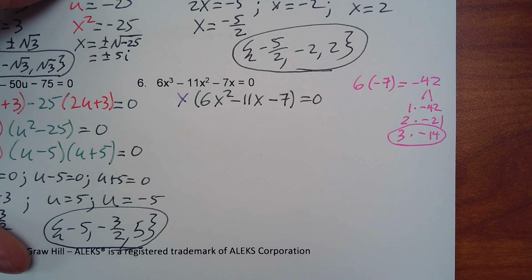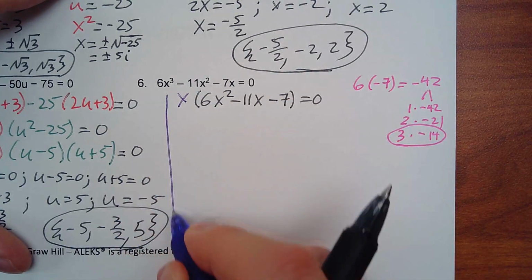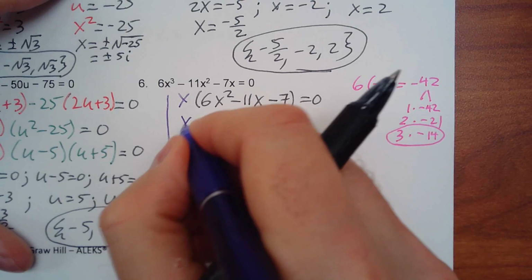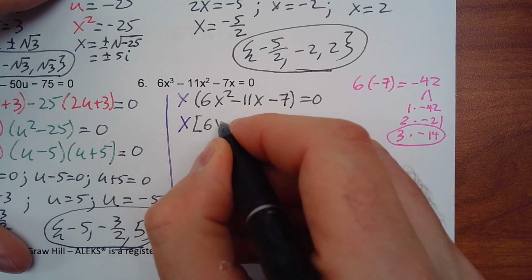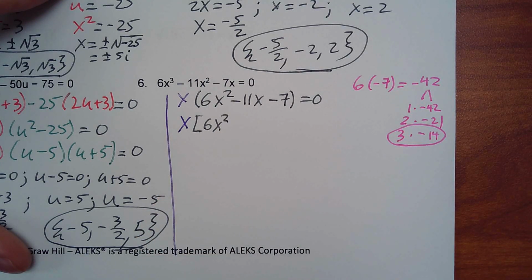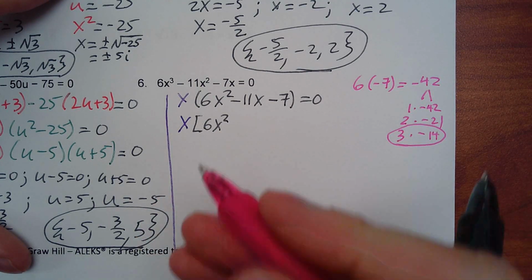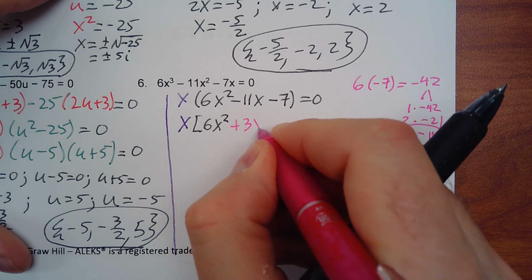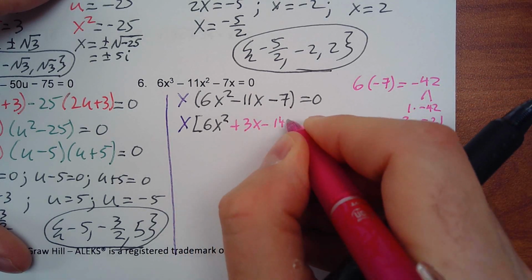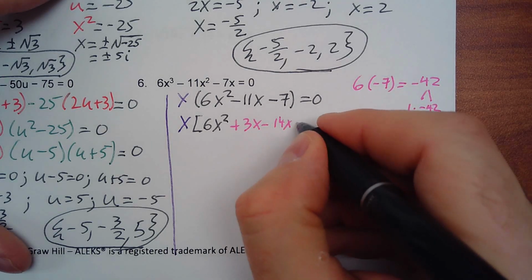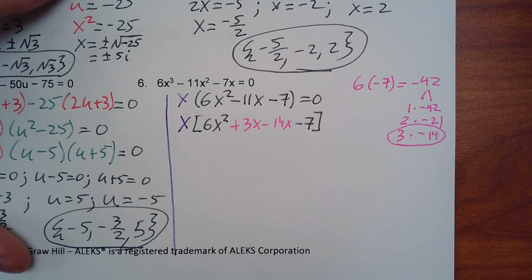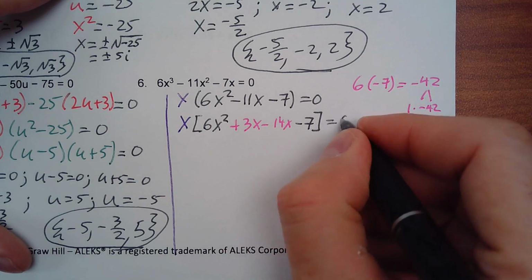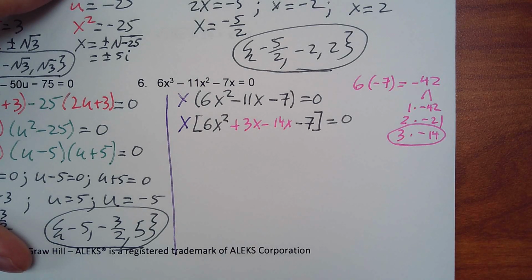So this x just comes down. And I'm going to rewrite that middle term as a plus 3x minus 14x. And now I want to do my factor by grouping.